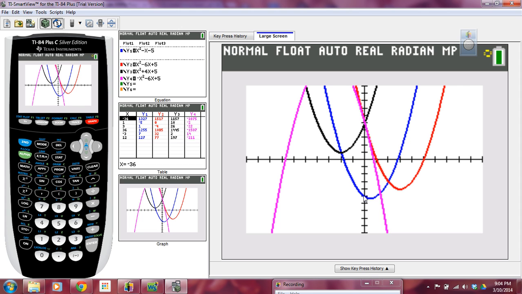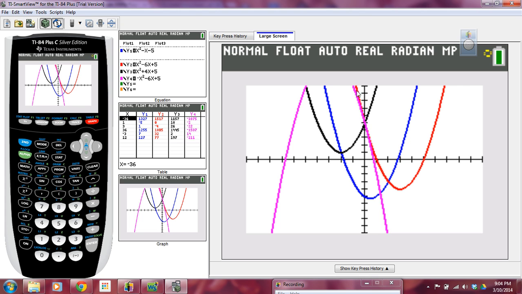Now, if you notice, it should be fairly easy to tell that the blue one is not right, because it crosses way down here on the y-axis at negative 5, and we're looking for it to cross the x-axis at 1 and 5, and it's clearly not doing that. So y1 is out.